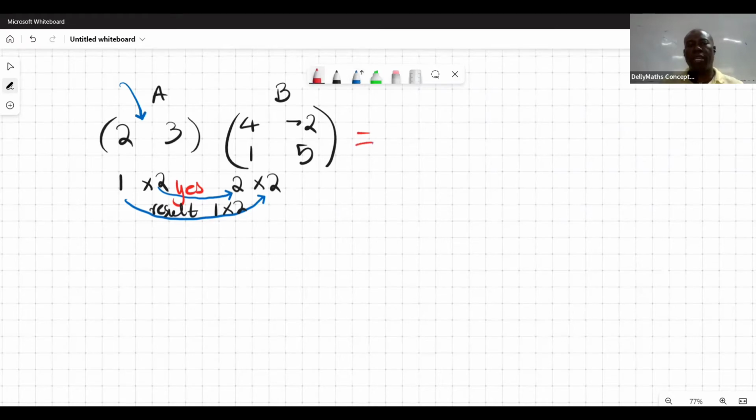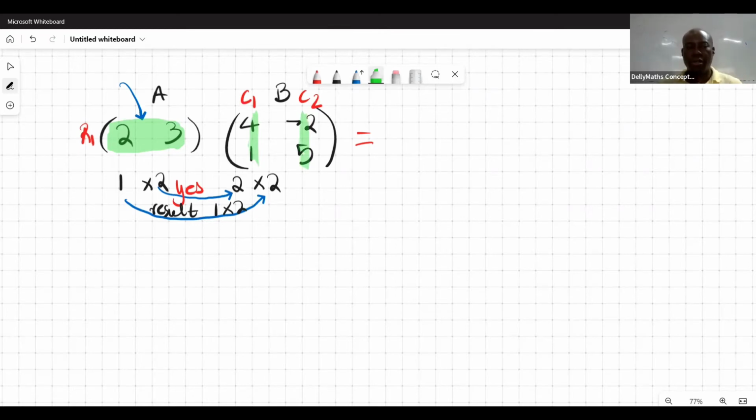Let us start off by putting the ideas together. The concept remains the same, row by column. This row, I could call it row 1 since it's just one, and we have two columns here, column 1 and column 2. Row 1 will be used to multiply by column 1, and when it's done, it's going to be used to multiply by column 2, which means that the row must multiply by all the columns.